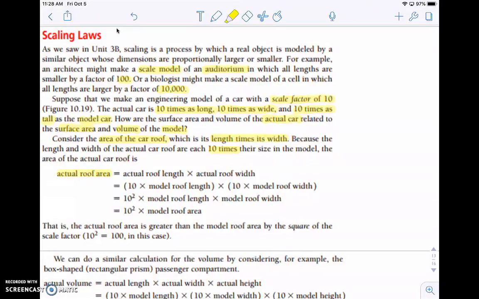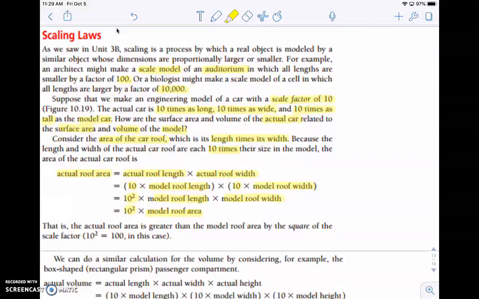The actual roof area is going to be the actual length times the actual roof width. And we know that the actual car is 10 times larger than the model, so you would take 10 times the model length, and then 10 times the model's width. And so we actually get 10 squared times the model length times the model width, or 10 squared times the area of the model's roof.